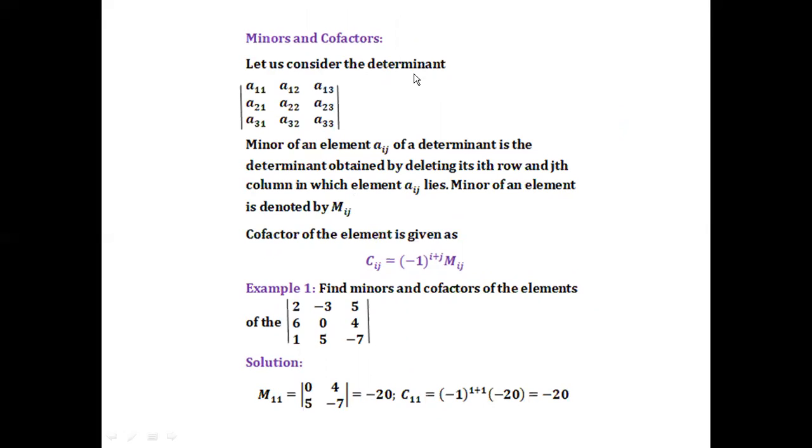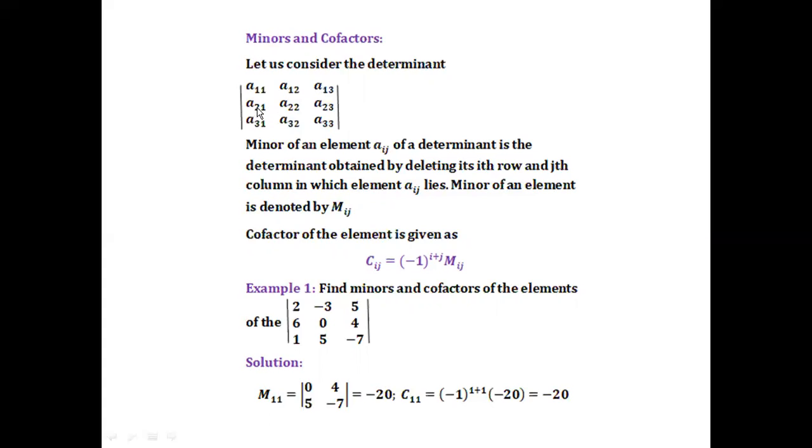Now minors and cofactors. Let us consider a determinant of order 3 by 3. Here A11 represents the element present in the first row, first column. A12 represents first row, second column. A13, first row, third column. Now the second row's first element, A21: the 2 represents the row and the next position represents the column.